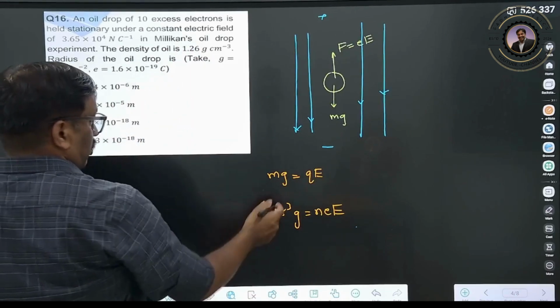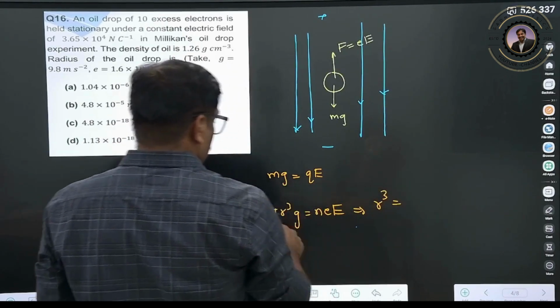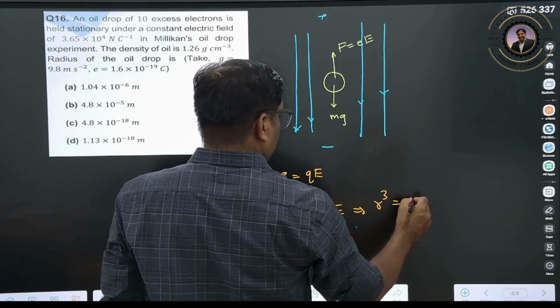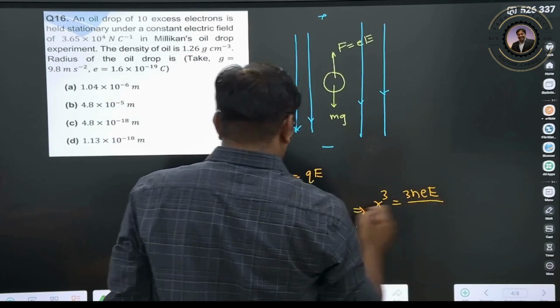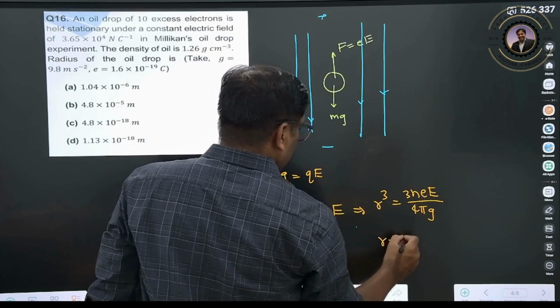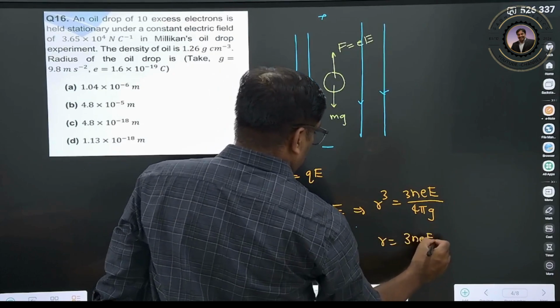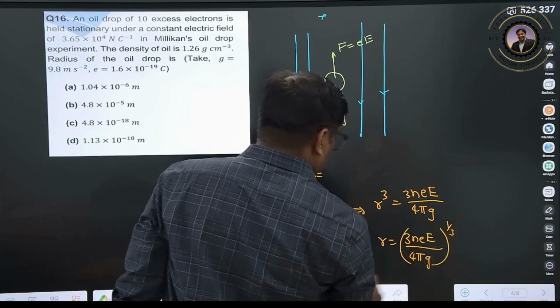So we want to write the r value: r cube is equal to 3 into n into e into E divided by 4 pi g. So r is equal to (3neE by 4 pi g) whole to the power of 1 by 3.